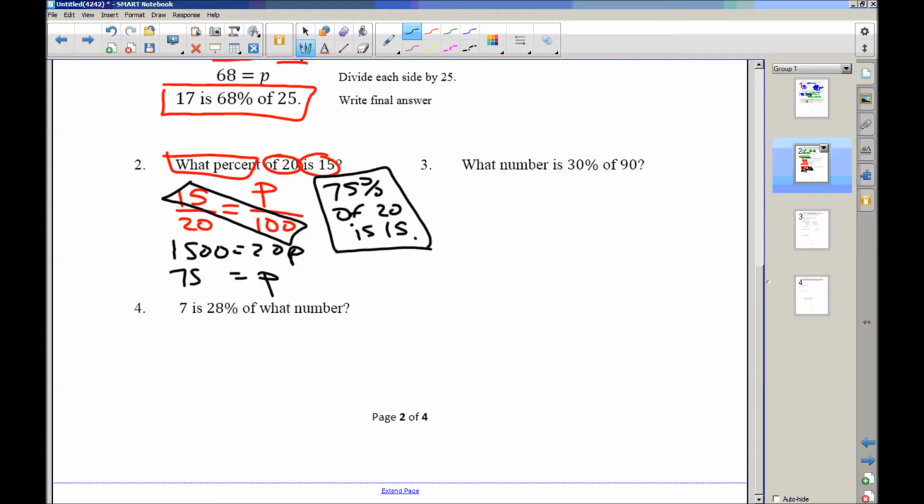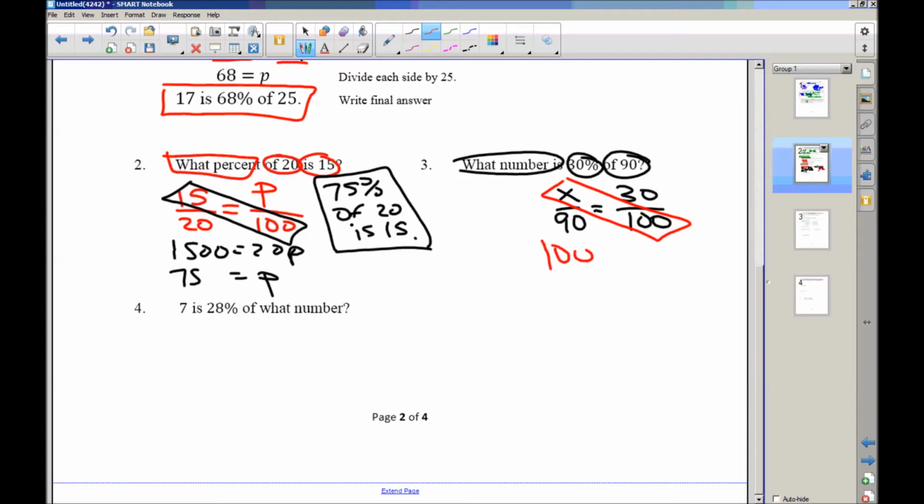What number is 30% of 90? Okay. So we have our percentage, that's easy to find when it's there, because we have the percent sign. So we put 30 over here and 100 there. What number is 30% of 90? So this is my part, that goes up top, of 90, that's our base, that goes on the bottom. Okay? We're going to cross multiply, cross products, and then solve our one-step equation.